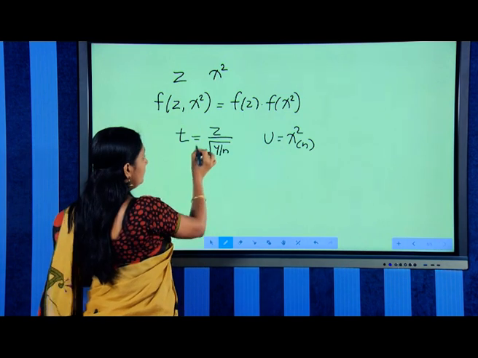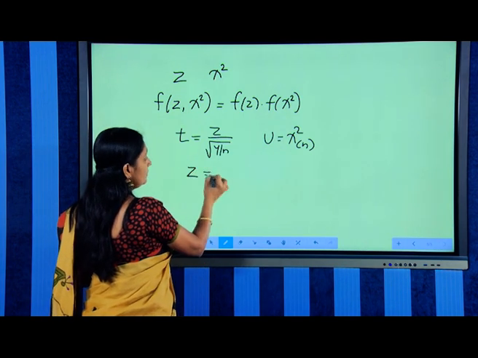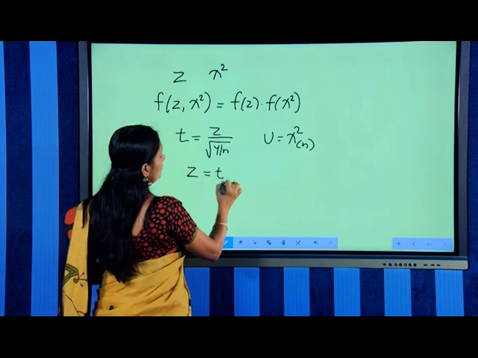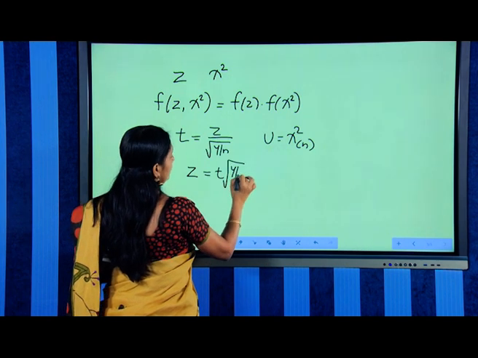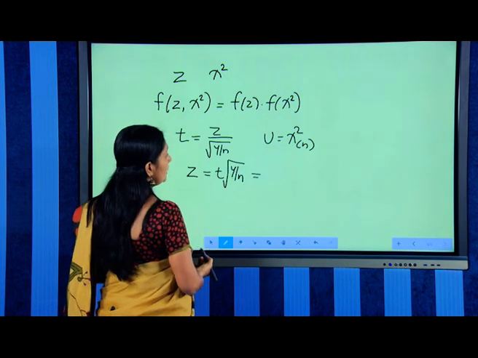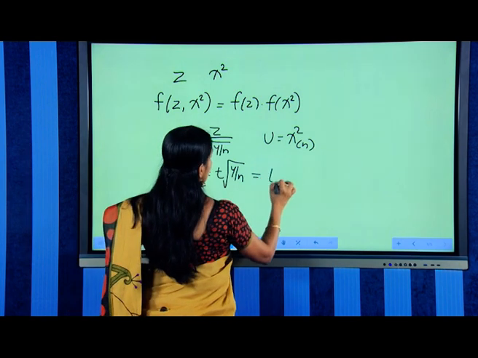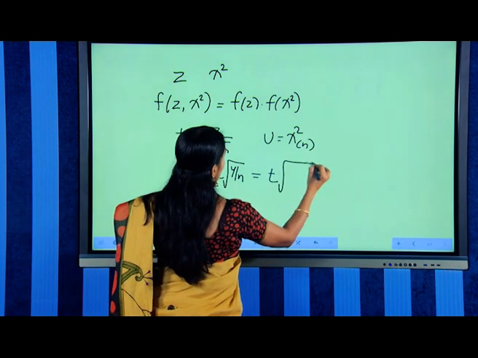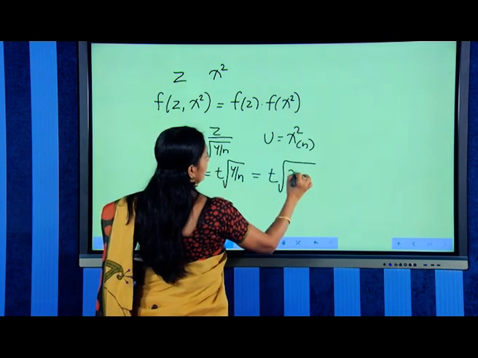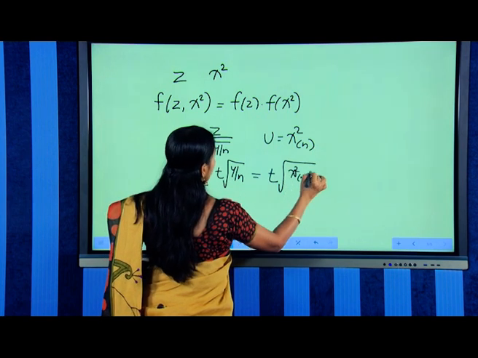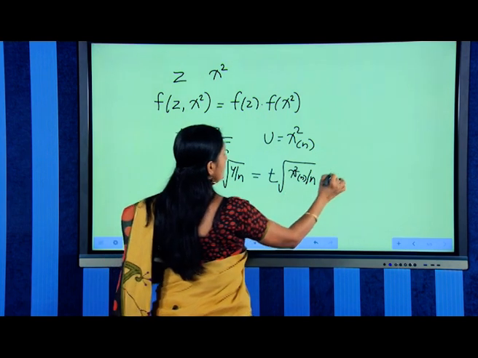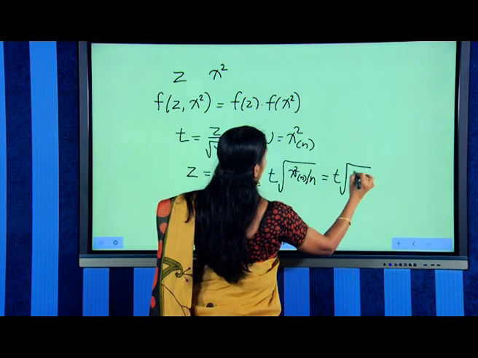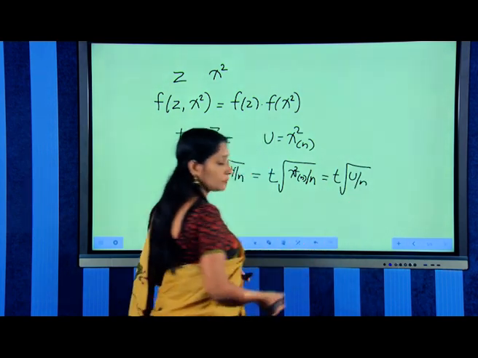From this, we can write z as t into root of y by n, which is t into root of chi-square n by n, that is the same as t into root of u by n.